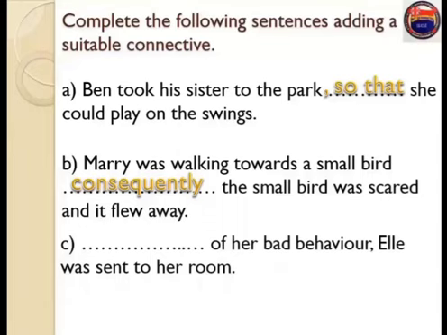Freda, can you answer this? As a result of her bad behavior, Elle was sent to her room. Yes, very good, dear. So because here we have the word of, we need as a result of her bad behavior, Elle was sent to her room. Thank you very much, dear.